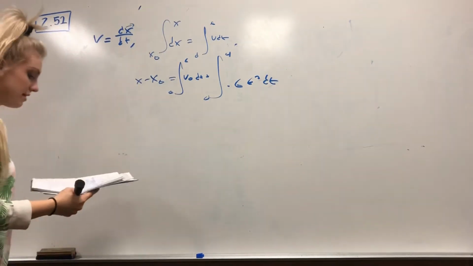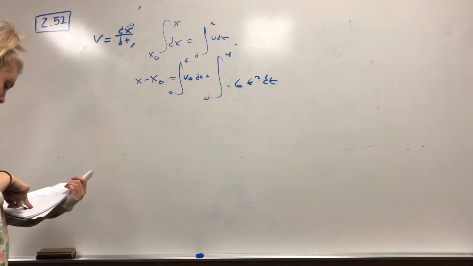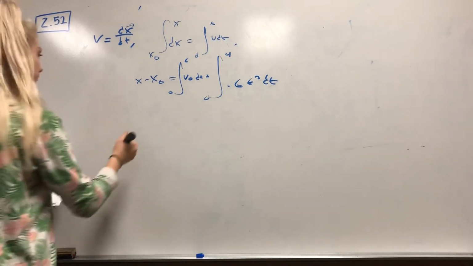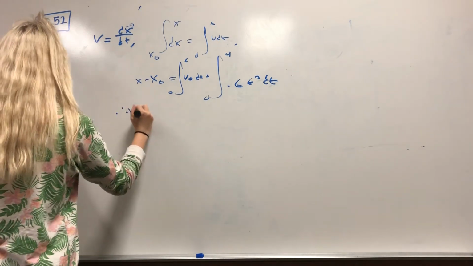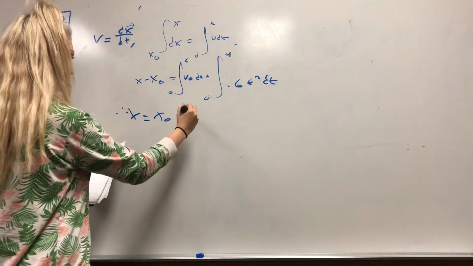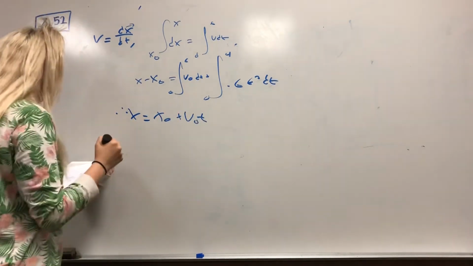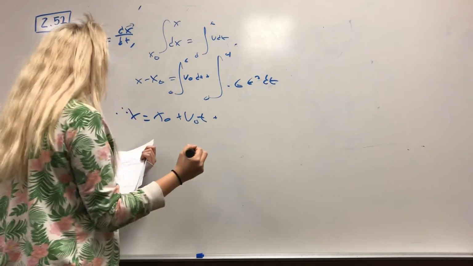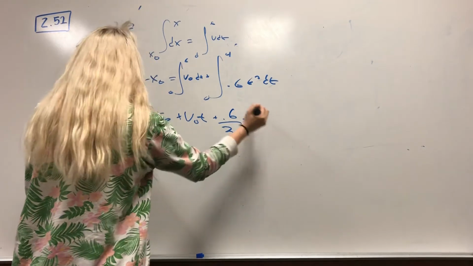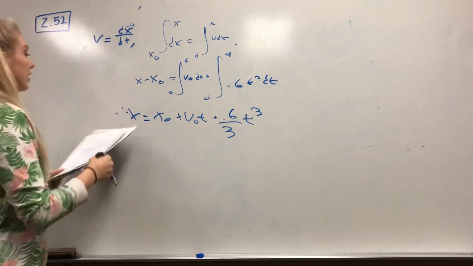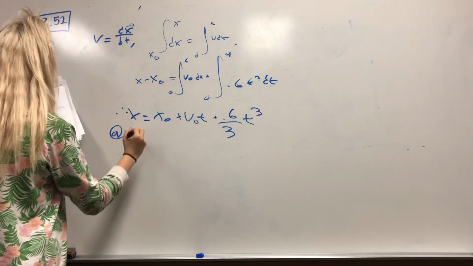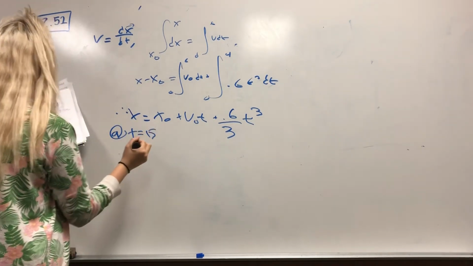Alrighty. And then from there, we can get that x equals x naught plus v naught t plus 0.6 over 3 t cubed. Then I plug in that at time is 1 second. Sorry, I said 15, that's wrong.